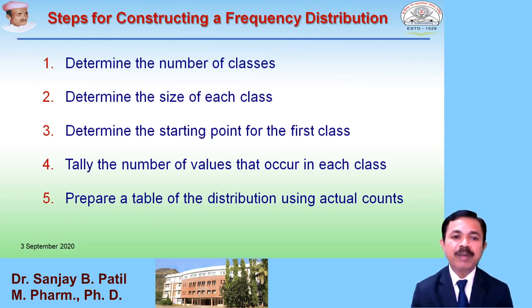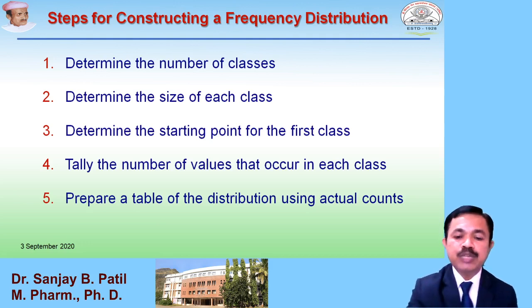Then we have to determine the starting point for the first class, means what will be the lower limit of the first class. And then in the fourth step, we have to tally the number of values that occur in each class. And finally, we have to prepare a table of the distribution using actual counts.